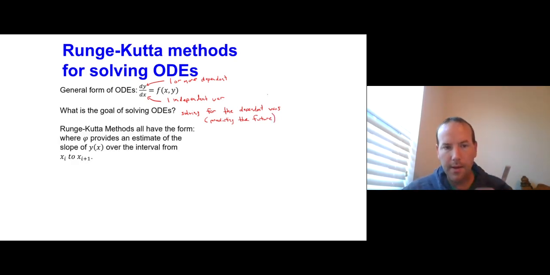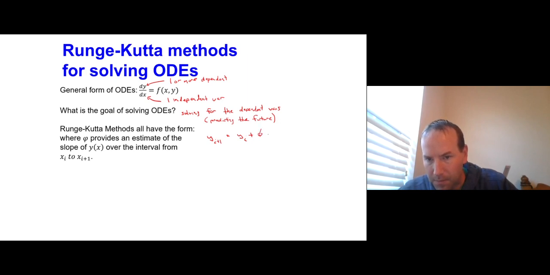Okay, and all of these Runge-Kutta methods that are going to be used to solve the differential equations are all of the form y_{i+1} equals y_i plus some phi times h.